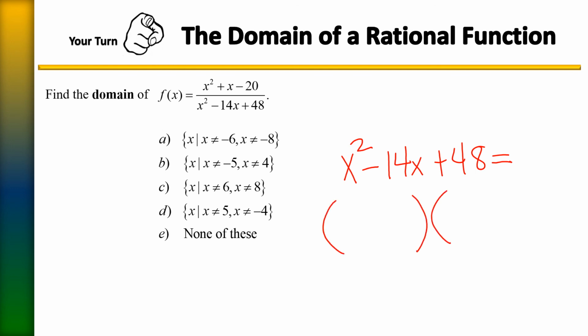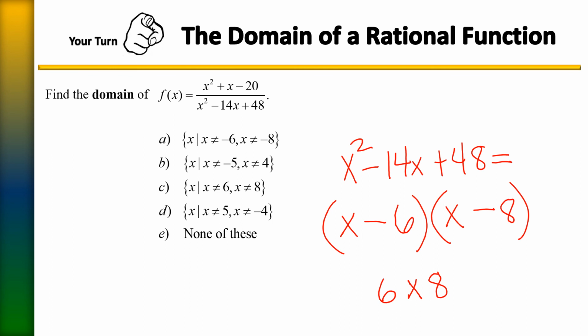So let's go ahead and put that in. All right, so I need to know a pair of numbers that when I multiply them, gives me 48, and at the same time, if I add those two numbers, they're going to equal 14. And yes, those numbers are the 6 and the 8.